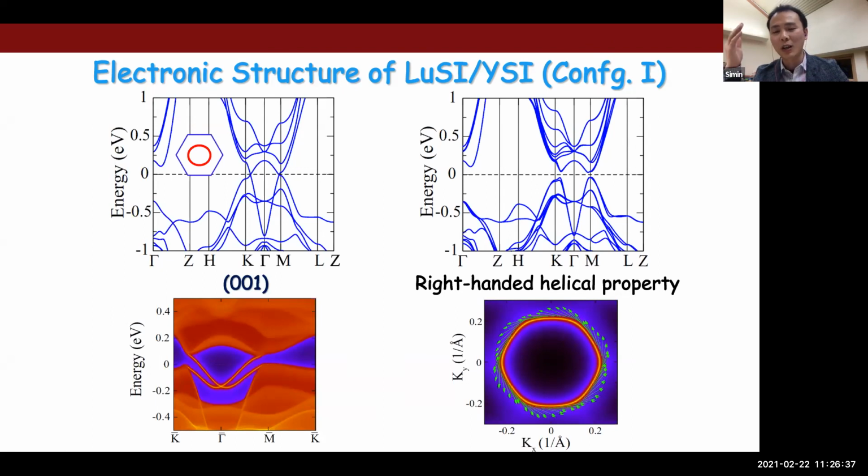If we want to make use of this surface state to realize the topological superconductor, you need to tune the Fermi level away from the Dirac point. But for this material, you don't need to tune the Fermi level. Okay, thanks.